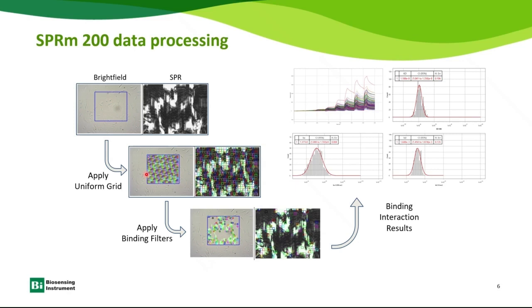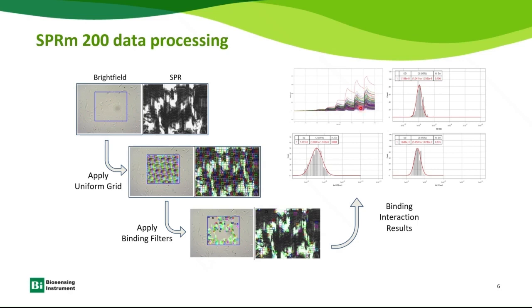For each ROI, we generate a sensorgram. Most of the time, the experiment is done in a kinetic titration fashion, which means it goes from low concentration to high concentration, continuously injecting one after another.